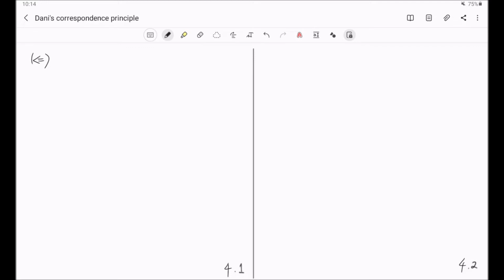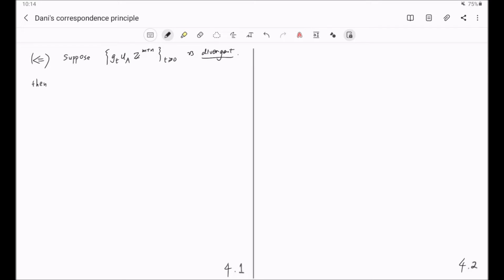So for the backward direction, you're going to suppose that this trajectory g_t u_A z^{m+n} is divergent.